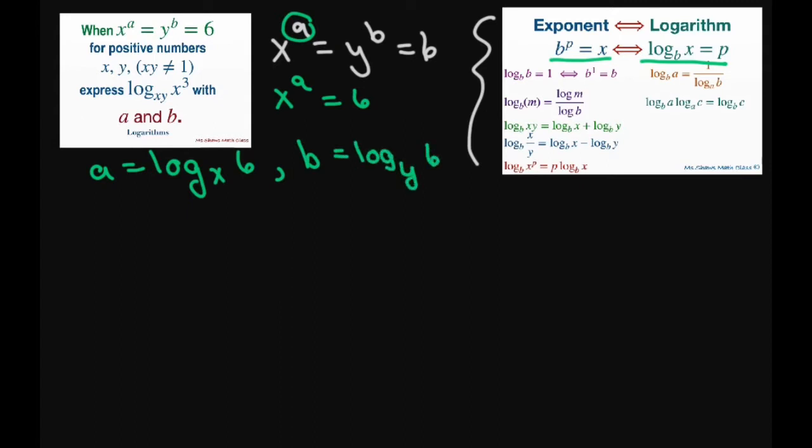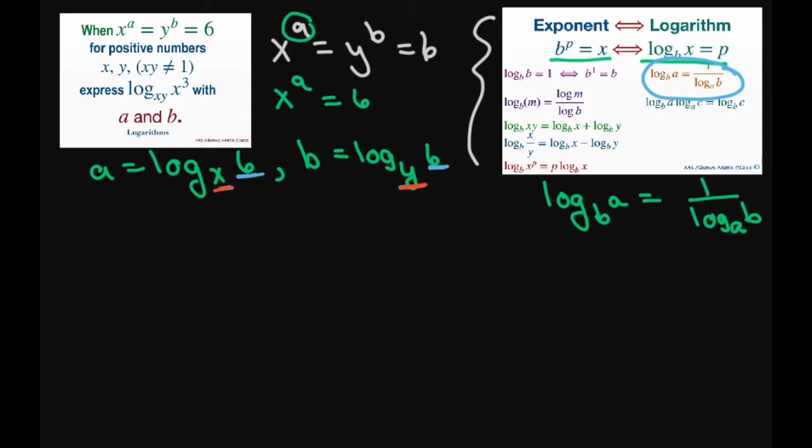Now, anytime you see where our value is the same, but our bases are different, we can use this formula to switch that around. Log base b of a equals 1 divided by log base a of b. So I want to switch my bases, I want to make these base 6.